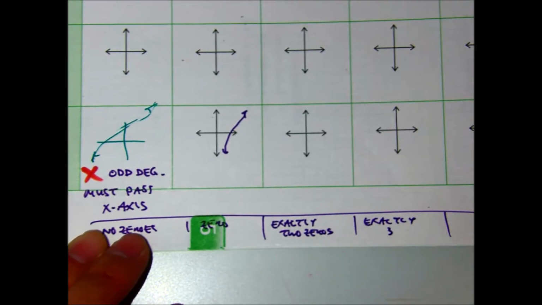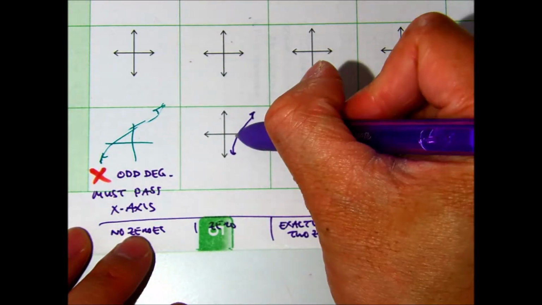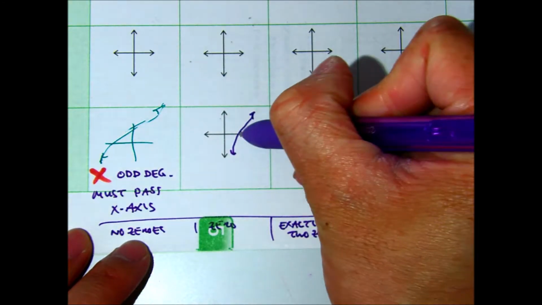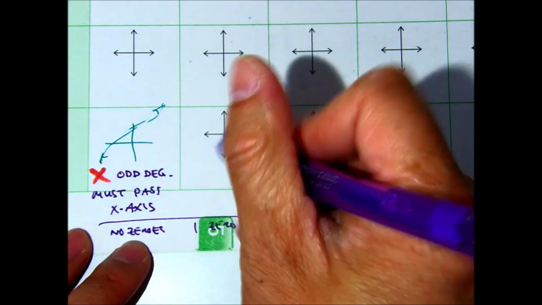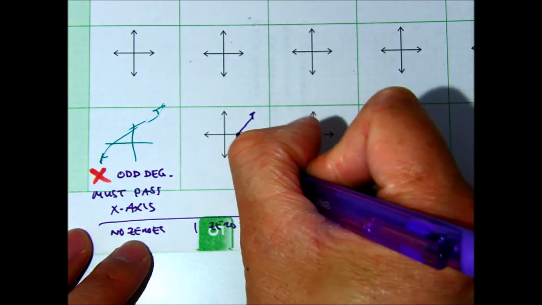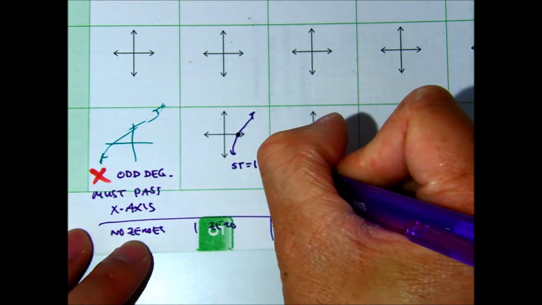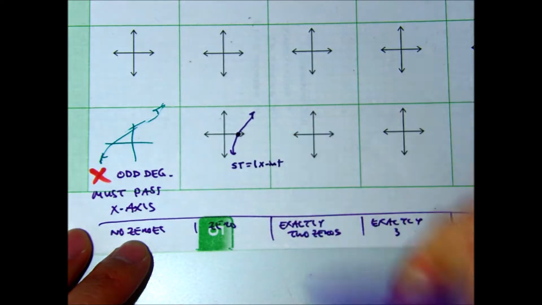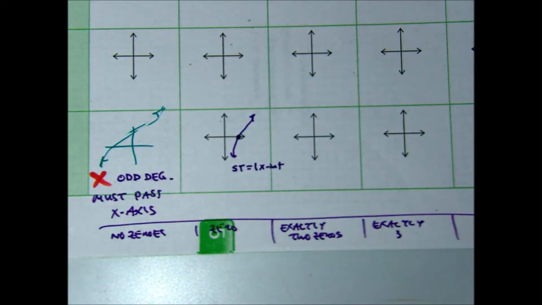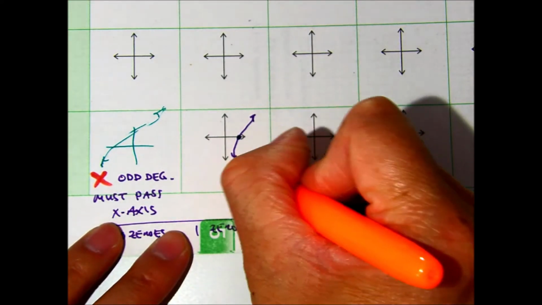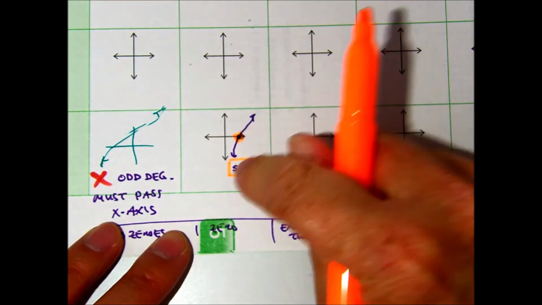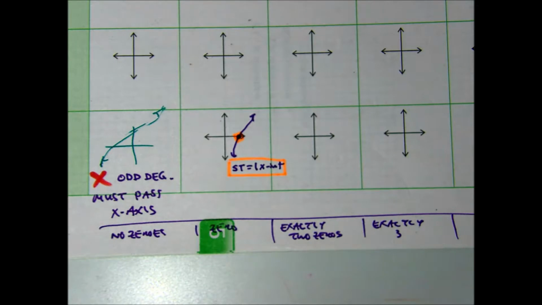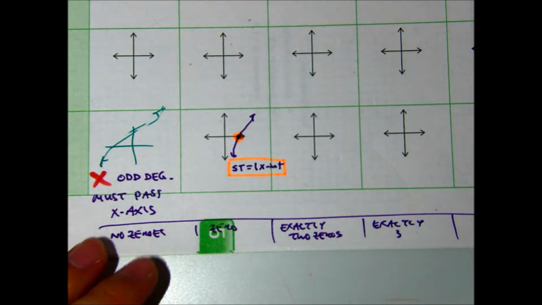Alright, I didn't do a good job of teaching you this part. When it goes through the x-axis, they call this a shoot-through. Everyone say shoot-through. Shoot-throughs are equal to 1 x-intercept. Write that. I'll even color-code it for you. A shoot-through is equal to 1 x-intercept. Okay? 1 x value.